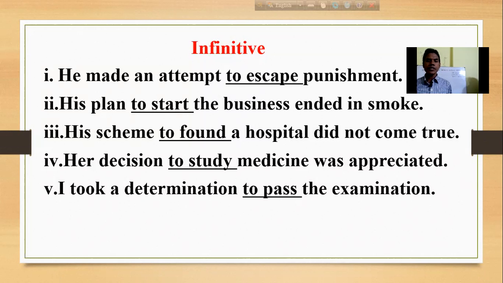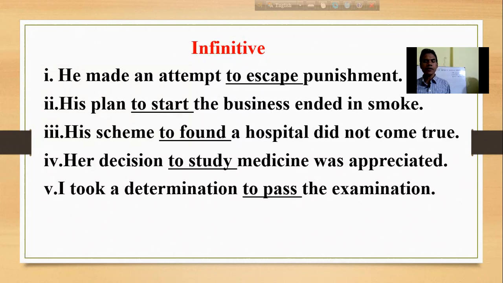Another example, her decision to study medicine was appreciated. Here, to study gives extra information about her decision and takes place after that very decision. So it's a post modifier, and as it is infinitive, it is called infinitive used as post modifier.